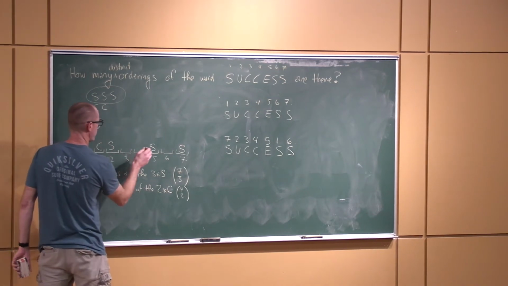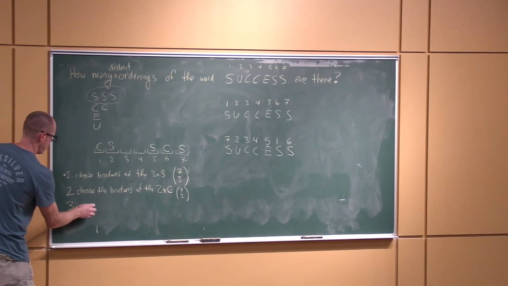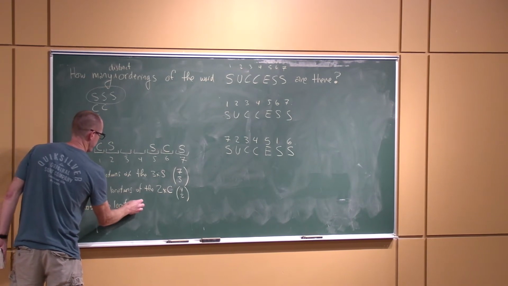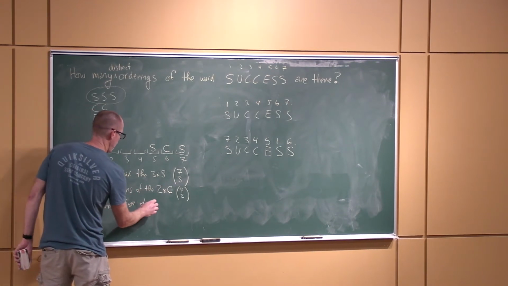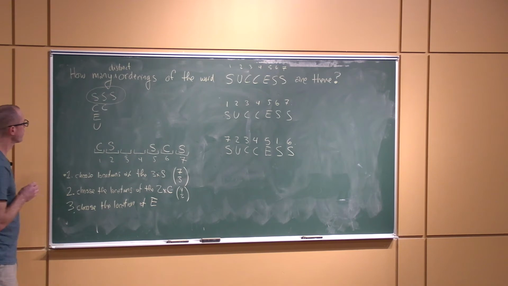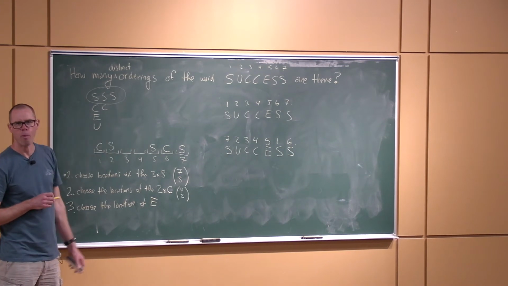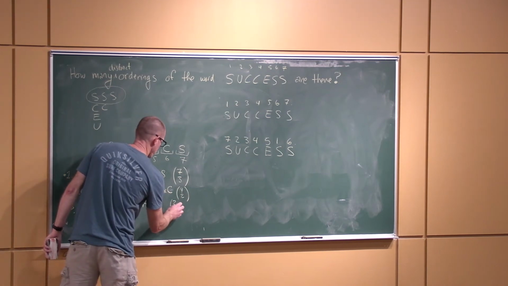All right, so let's do that. C and C. Step 3, choose the location of E. How many ways are there to place the E now? 2, which is 2, choose 1, where the 1 is because we only have 1 E. So that's 2, choose 1.